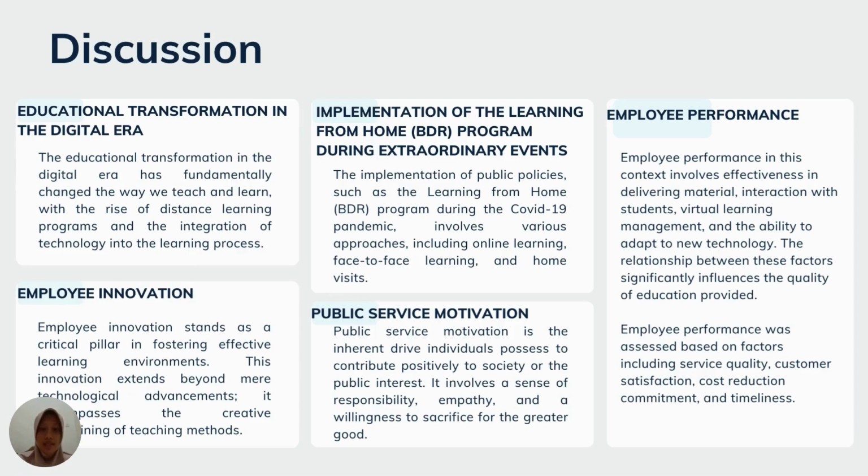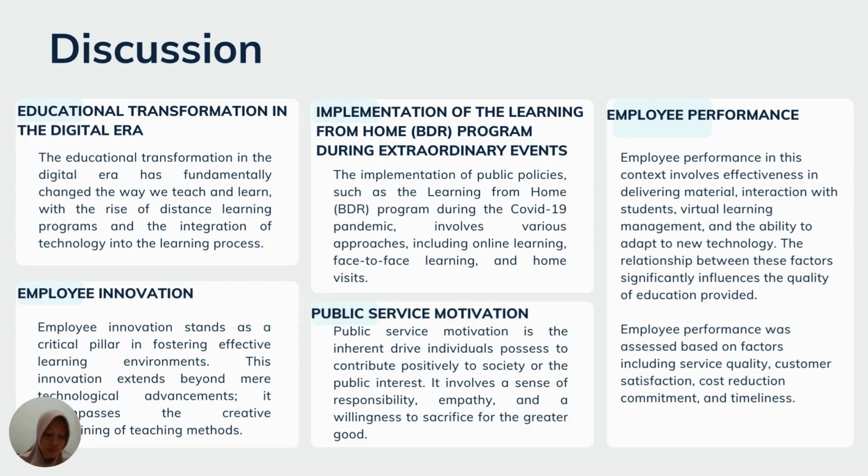And the last discussion is about employee performance. Employee performance in this context involves effectiveness in delivering material, interactions with students, virtual learning management, and the ability to adapt to new technology. The relationship between these factors significantly influences the quality of education provided. Employee performance was assessed based on factors including service quality, customer satisfaction, cost reductions, commitment, and timeliness.